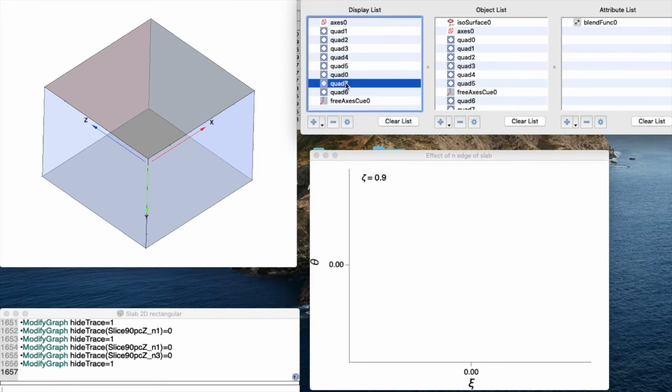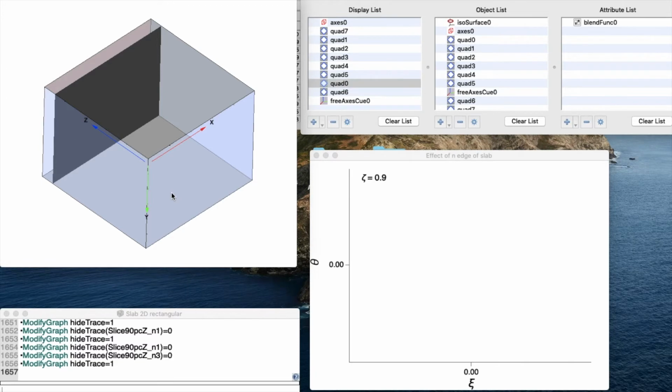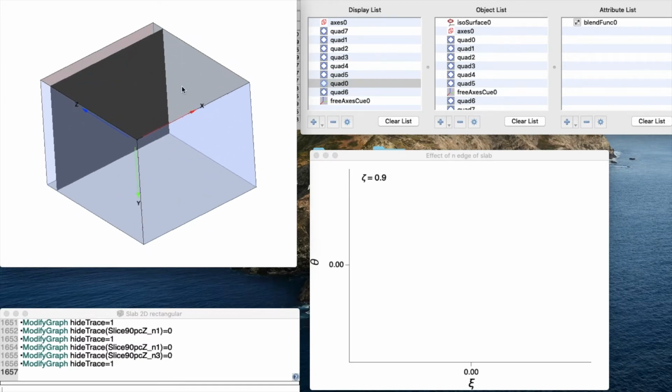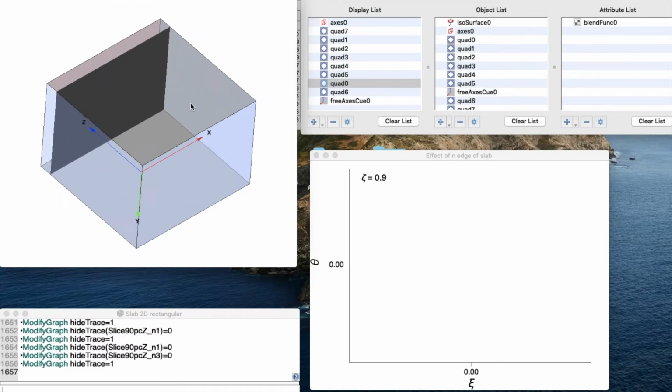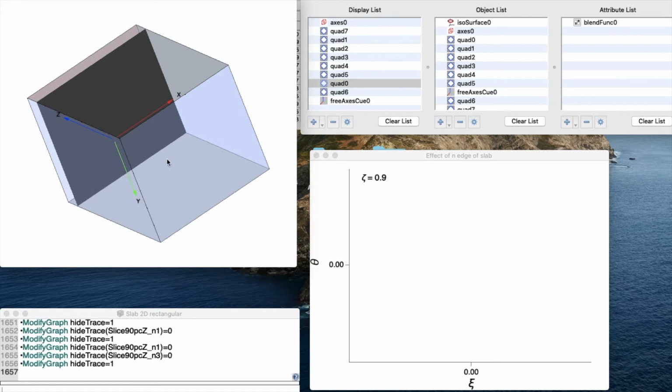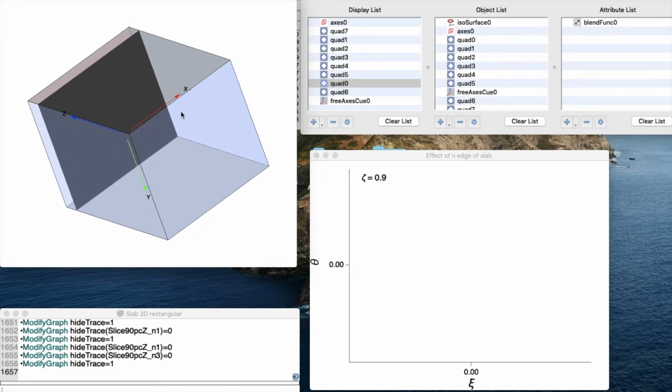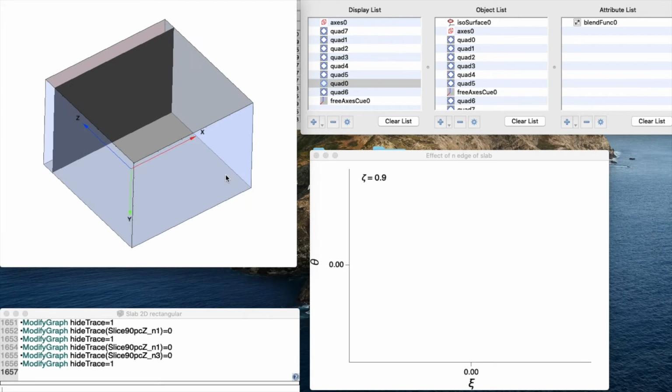So let's define a slice that's 90% of the way towards that hot surface. So that's going to be the cut we take when we make these two-dimensional plots. And then we'll evaluate how the temperature profile changes along the x direction at zeta equal to 0.9.